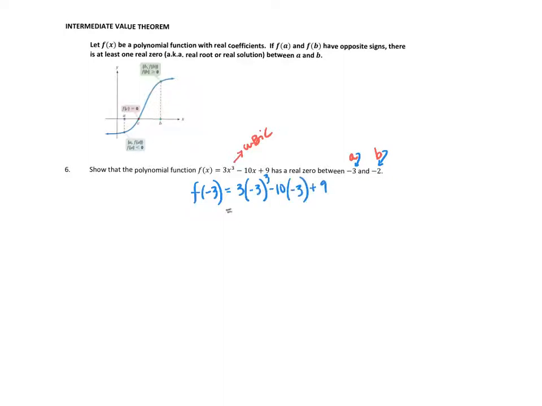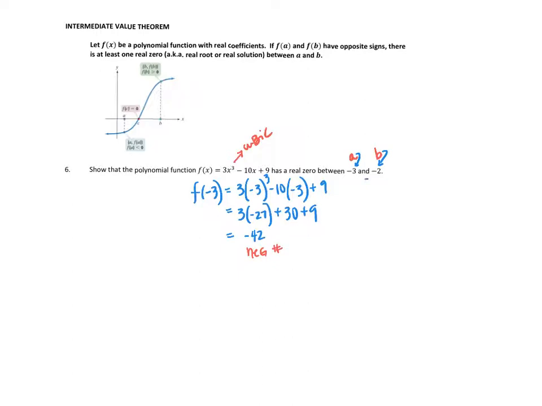And so when I simplify, I've got 3 times -27 plus 30 plus 9. And I could simplify, I think that's going to give me a -42. So that's a negative number, right? Clearly negative number.